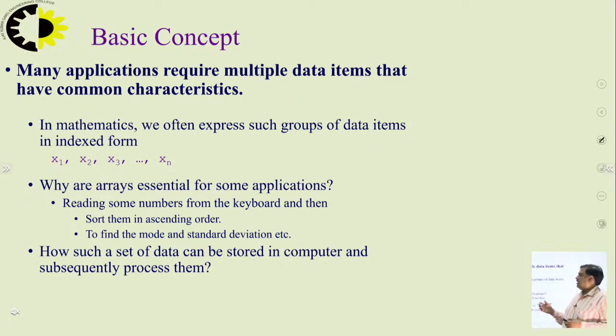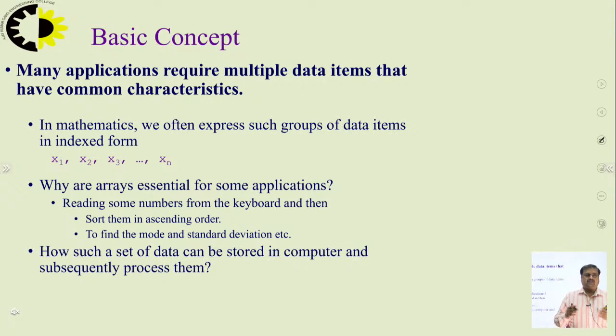So the basic concept behind arrays: many applications require data items that have some common characteristic, like the example which we took earlier, like I want to store marks of my class that is having 60 students.